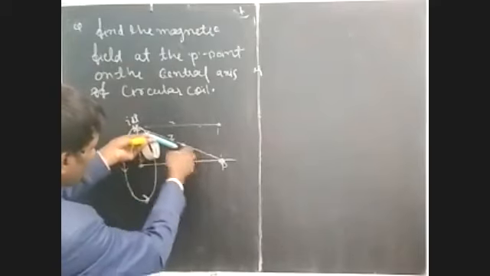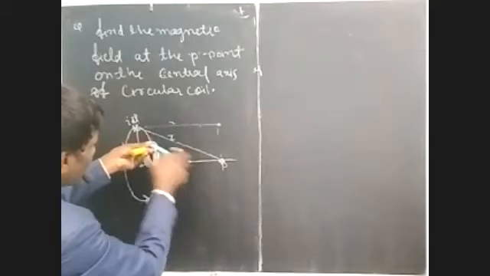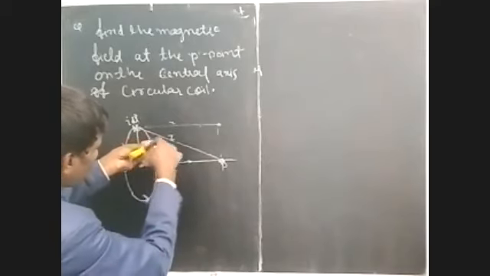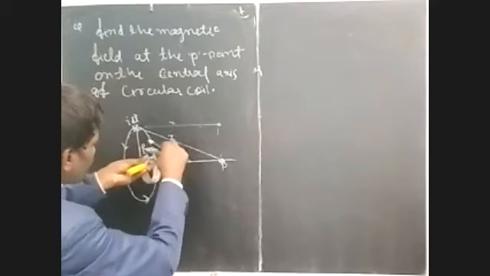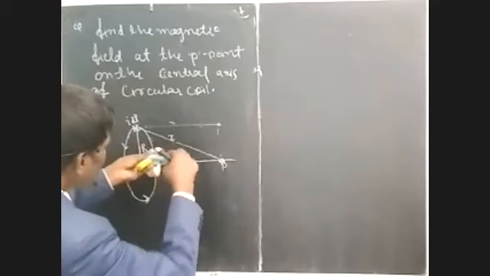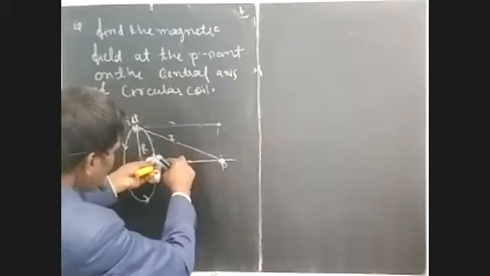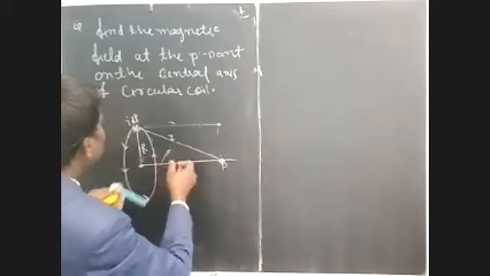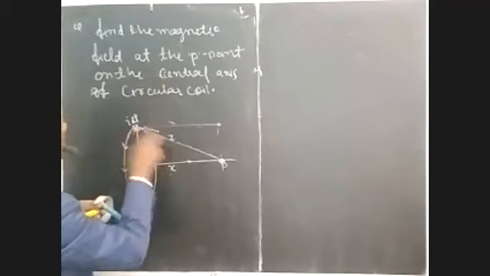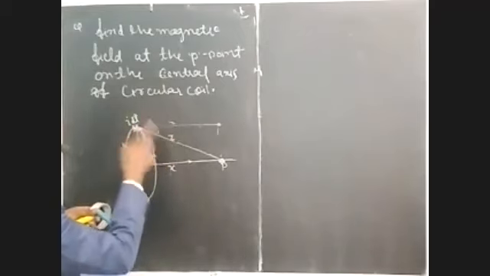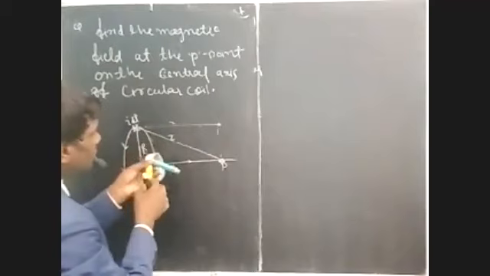So what is the angle between z and Idl? Again 90 degrees, because this always comes out straight, and whether it is horizontal or bent down, the angle between both is always 90 degrees.